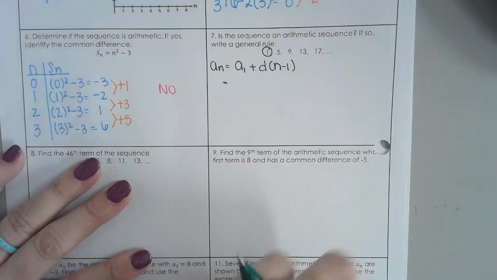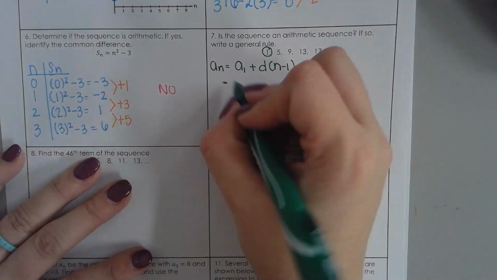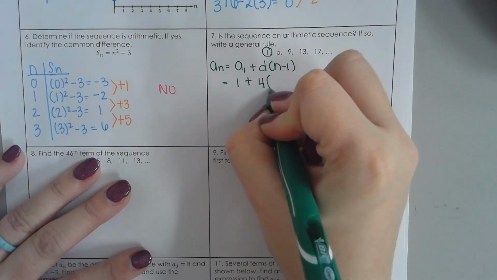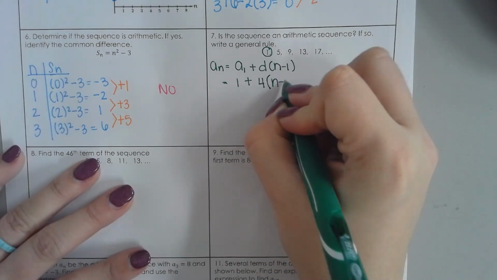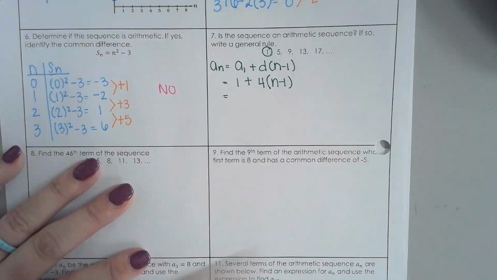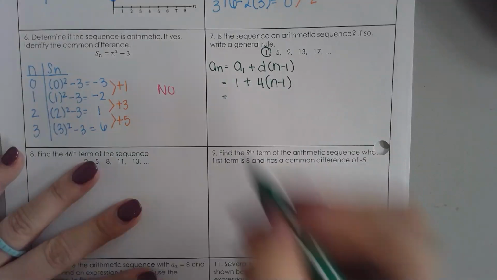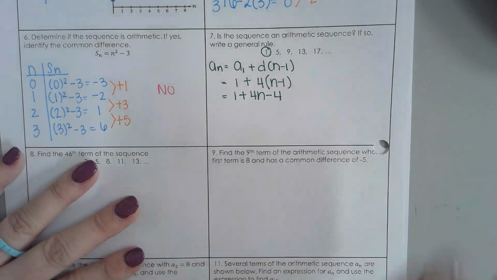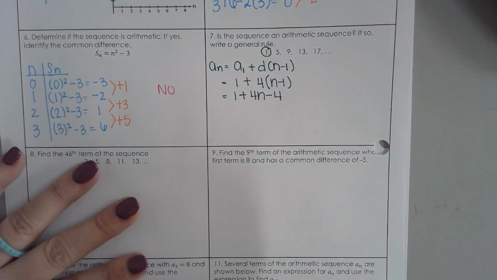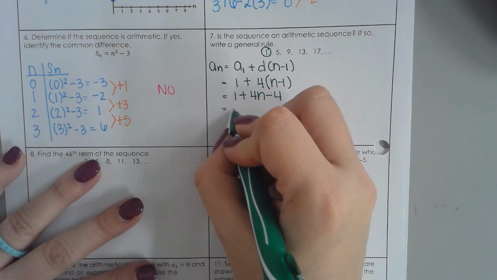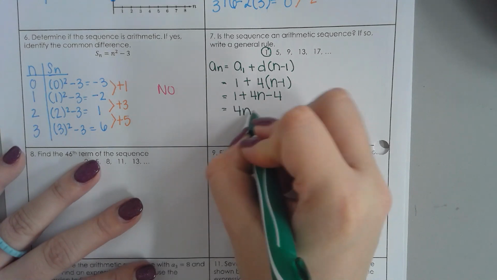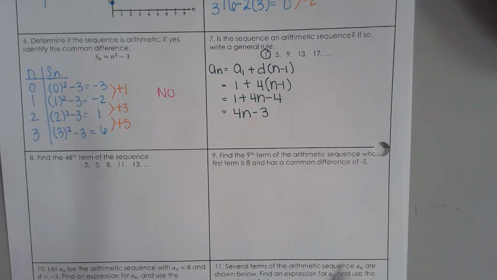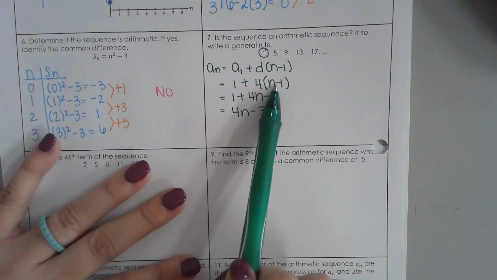My first term, A1, is 1. And that 1 minus 4. Term and put a 2 there.